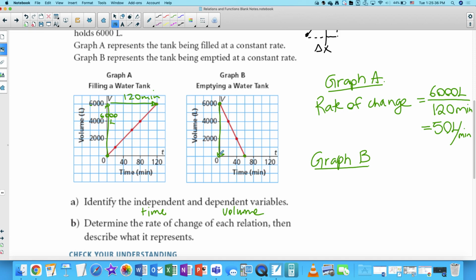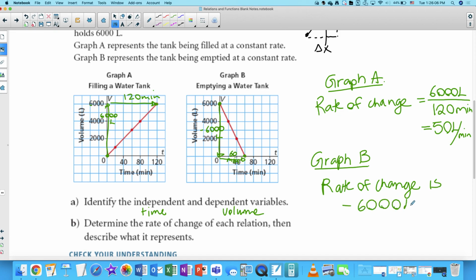So this is negative 6,000 liters. And my run is from left to right, and that's 60 minutes. So the rate of change here is negative 6,000 liters over 60 minutes, which is negative 100 liters per minute.